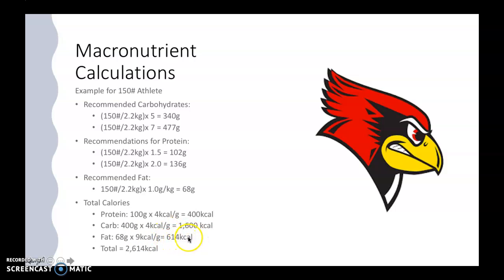And you see it's 614, which even though we have more grams of protein up here, there's still more calories from fat, being that you get double the energy from fat. This is going to total up to 2,614 calories, which is about what you'd look to consume if you're a 150-pound athlete.